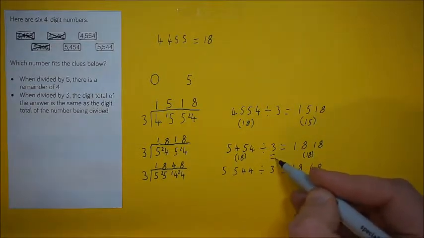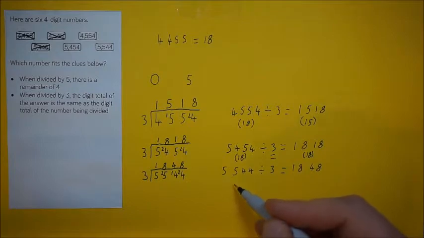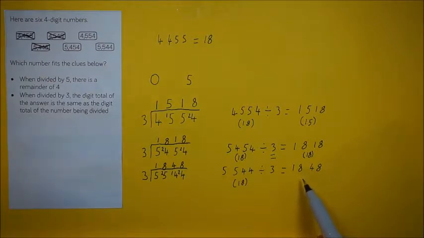So that could be our answer. Let's just check the last one. So I've got 5 and 5, 4 and 4, so it's 5 and 5 is 10, 4 and 4 is 8, it's 18 again. But is it equal with its answer? So I've got 1, 8, 4 and 8. So if I do 2 lots of 8, I know is 16, plus another 4 is 20, plus 1 is 21. That's not equal.